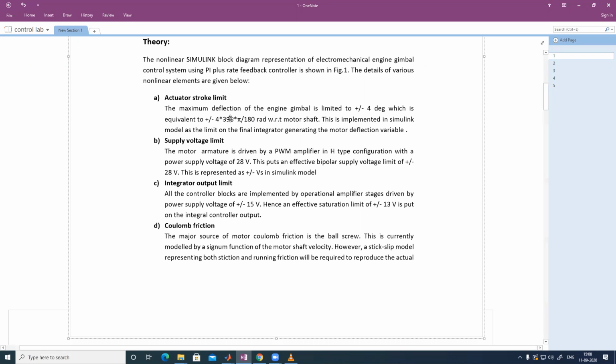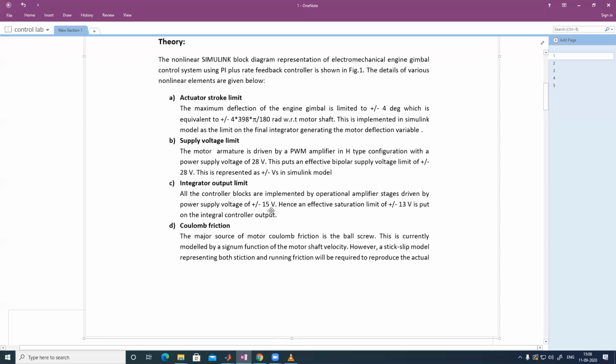So you have to limit the maximum output stroke, theta, to this value. The maximum input will also be like this only. Theta reference maximum is plus or minus 4 into 398 into pi by 180.